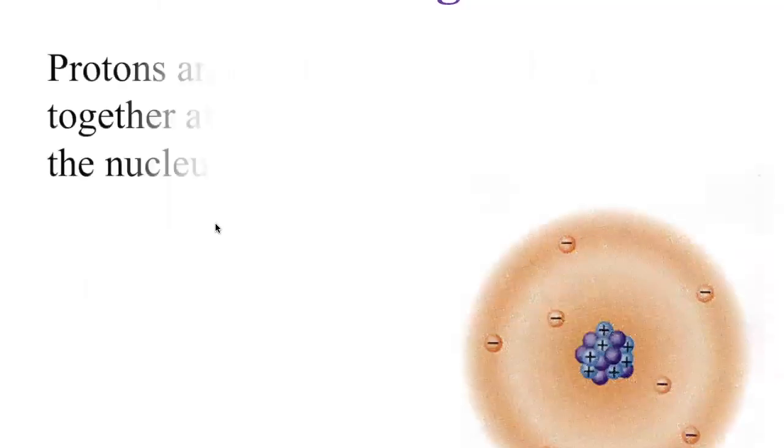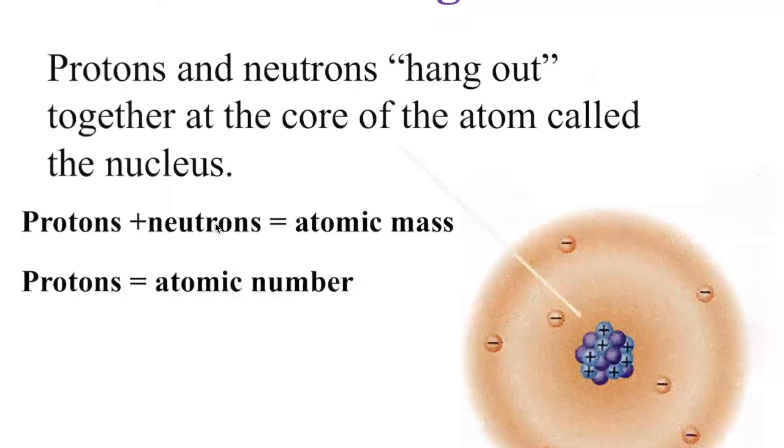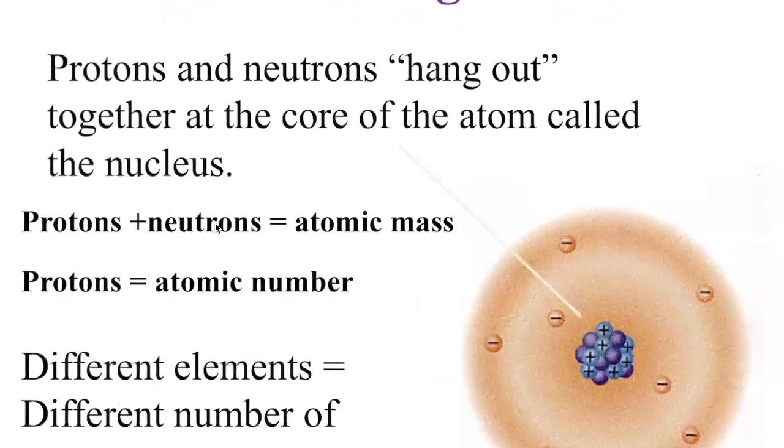Now, protons and neutrons are in the nucleus. If you look at your periodic table, you're going to see helium, and I believe the mass of helium is 4. So it's going to be helium, with 4.00, and then a number of 2.